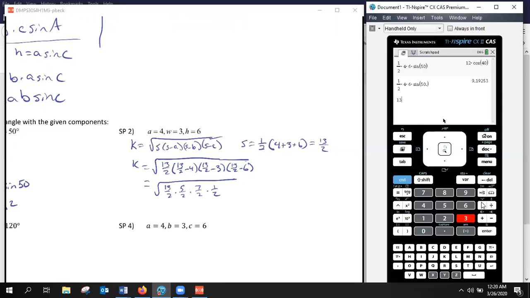So what I'm going to do is multiply my numerators together, 13 times 5 times 7, then times 1, which gives me 455. So this is the square root of 455 over 2 times 2 times 2 times 2, which is 16. We divide that by 16 and we are going to get that fraction. I know, shocking. Let's go ahead and throw the decimal on there so we can get 28.4375.